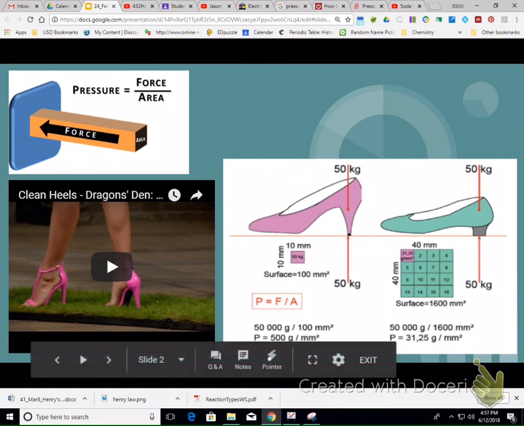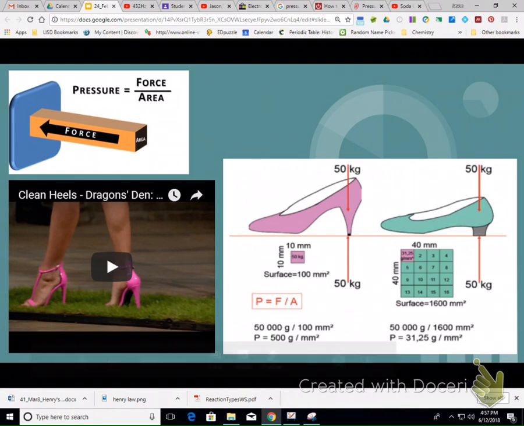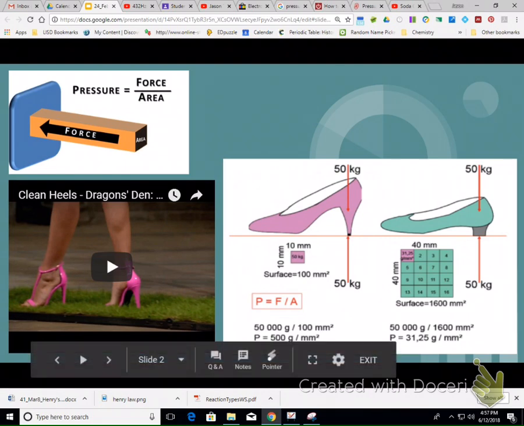You can see graphically here 100 square centimeters compared to 100 square millimeters compared to 1600 square millimeters. If you plug these numbers into the equation, they give you a vastly different pressure: 500 grams per square millimeter versus 31.25 grams per square millimeter.